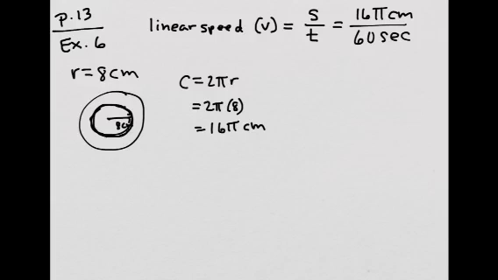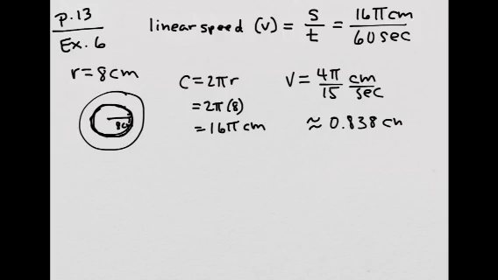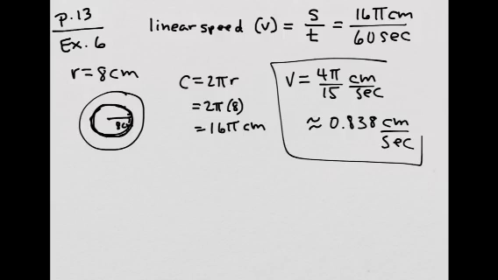So when you reduce that fraction, you get the linear speed, or the velocity, is 4 pi over 15 centimeters per second. And again, changing it to a decimal, it's approximately equal to 0.83, rounding to 3 numbers after the decimal, centimeters per second. So the one on the top is the exact linear speed, the one on the bottom is the approximate.